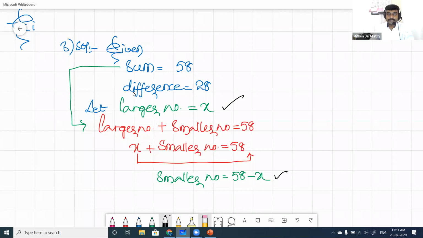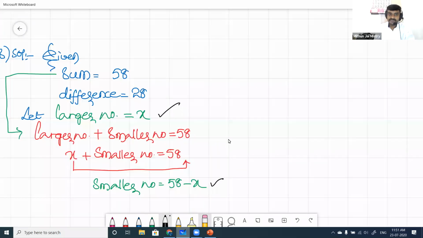So the next option which is given is the difference. I did not use this condition yet, right? So let me write that condition also here. As you know, the difference is given. Parvati is joining now, very late. Difference is equal to 28.